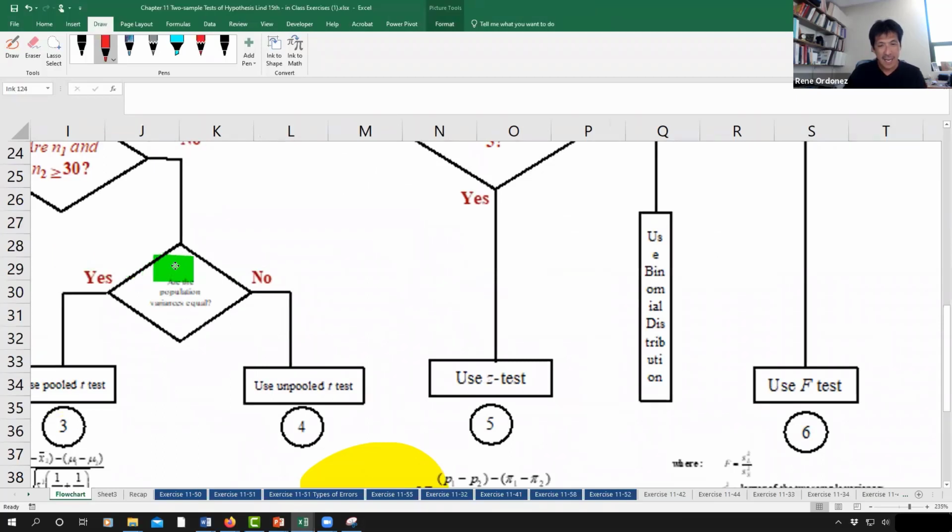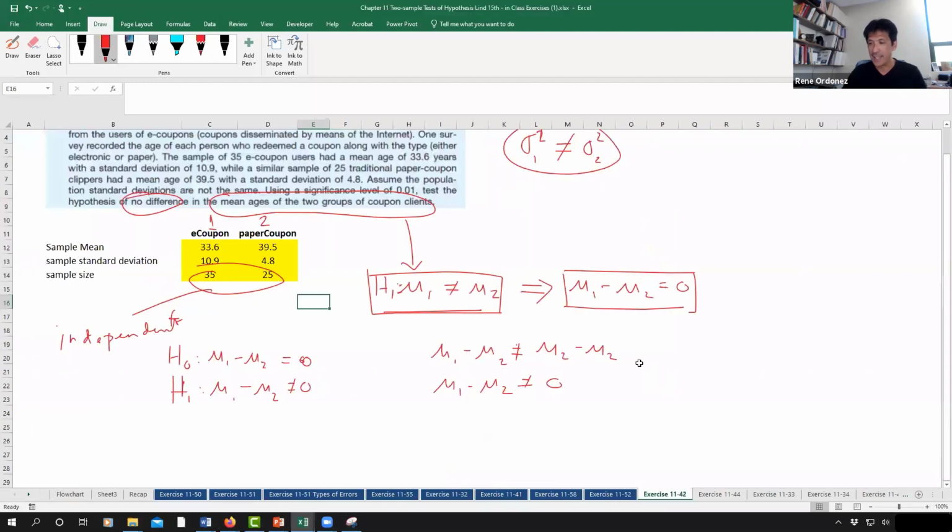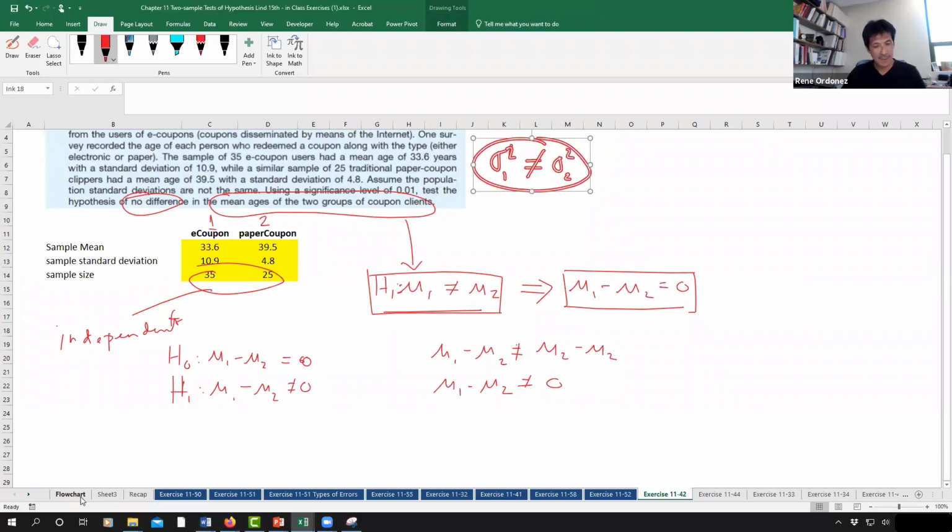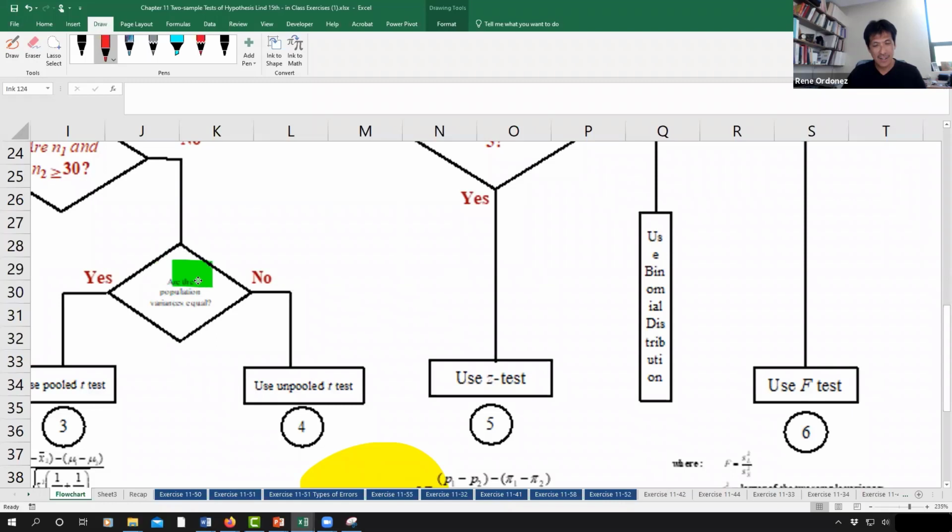It says, are the population variances equal? Well, the problem stated that they're not. Because they're not, we will follow this path here. It says, use the unpooled t-test.